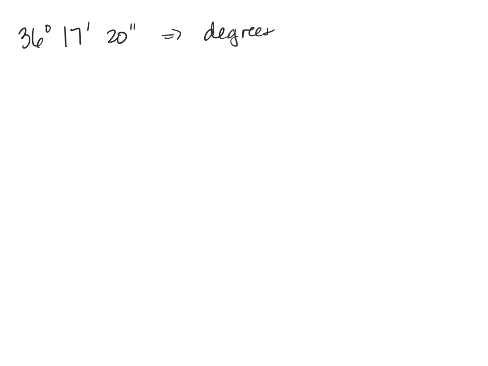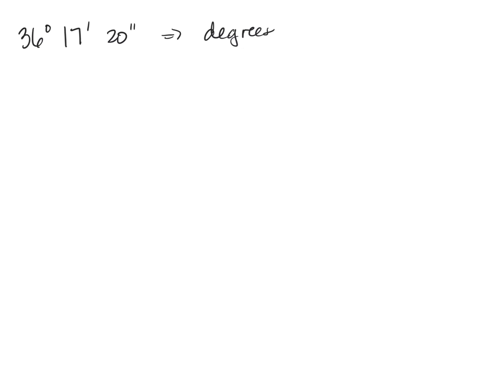So in your calculators, let me show you where you're going here. There it is. All right, so in my calculator, I want to type it in just like this.